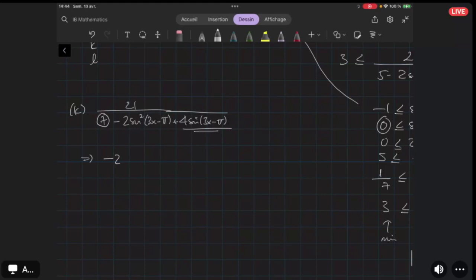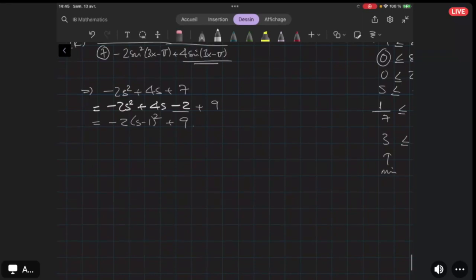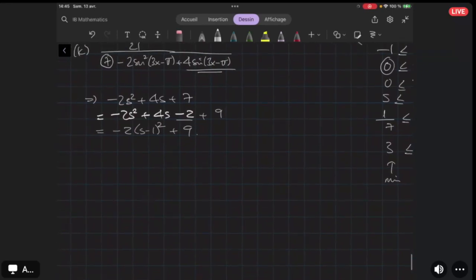Let's look at downstairs. And we're going to complete the square for this. We know that sine of whatever is always between -1 and 1. Sine minus 1 is going to be between -2 and 0.